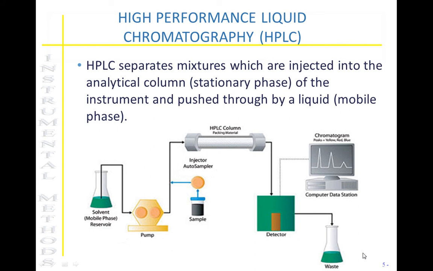There is also a high-performance liquid chromatography instrument, which is commonly referred to as an HPLC, that can also separate materials in a forensic laboratory. This separation occurs where the liquid sample is injected onto that analytical column, but then it is pushed through that column by another liquid or mobile phase.